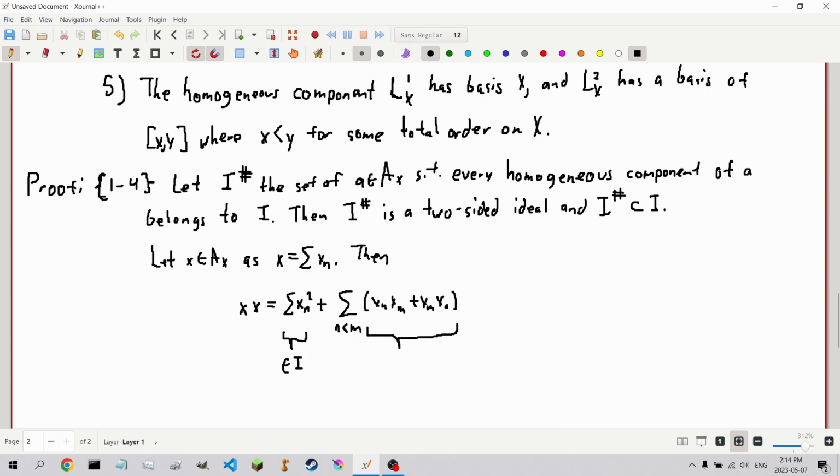And this is equal to xn plus xm squared minus xn squared minus xm squared, where all of these are in I, because I is generated partially by elements of the form AA, and all we have here is four parts all forming something squared.